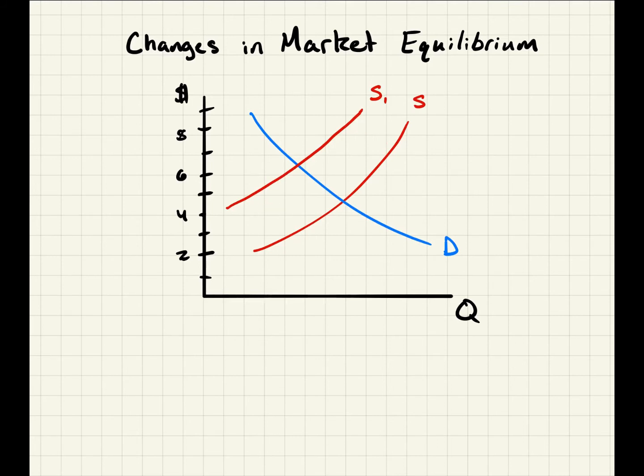And our equilibrium quantity was here at Q1, and our equilibrium price was over here at P1. And now our equilibrium price is going to go up, but our equilibrium quantity demanded is going to go down.